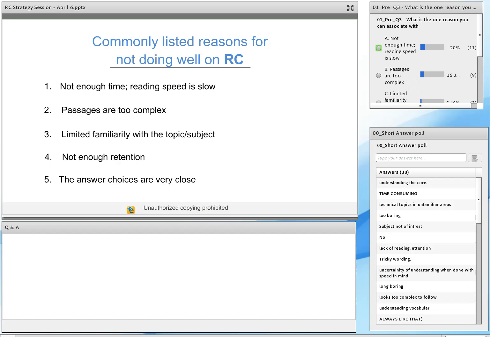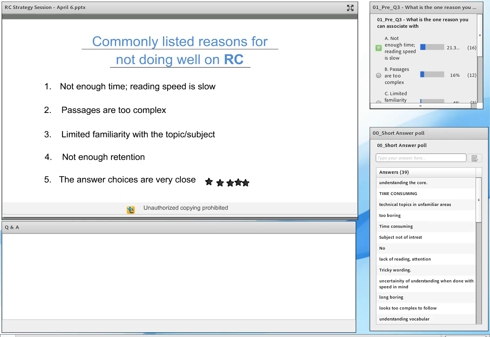All right, let's look at what most of you have written over here, and we'll annotate the reason which is selected by the largest group here. So answer choices are very close. About 37% of the class has selected this one, and this statement is actually selected by more number of people in all the sessions across the board.